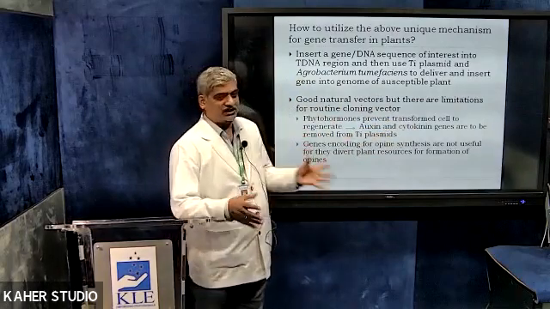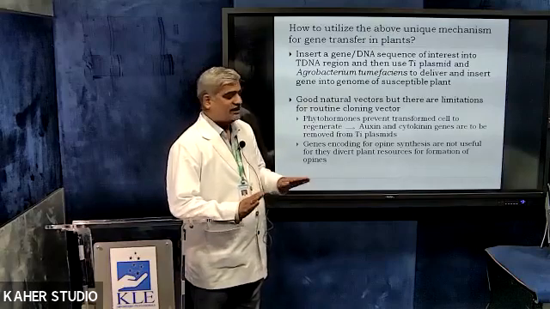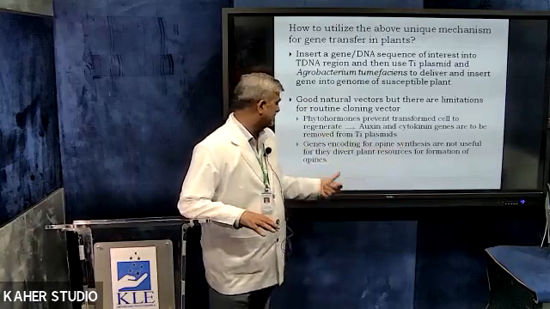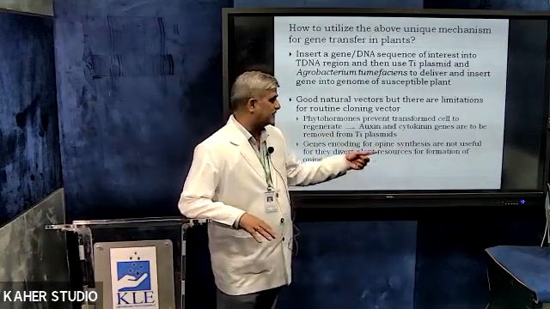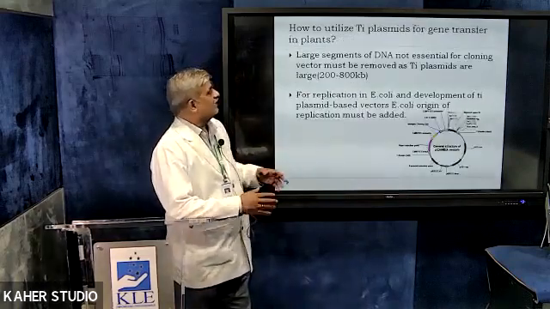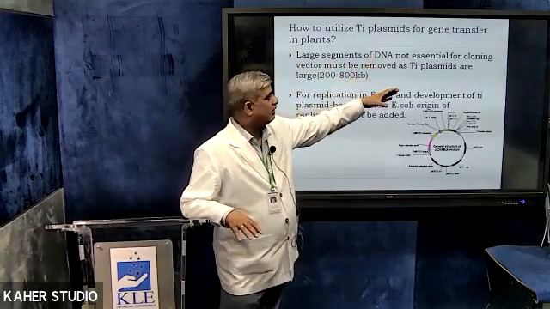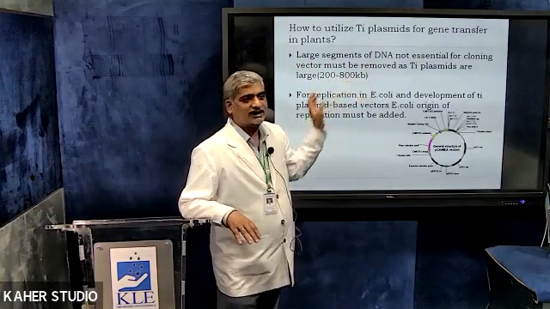Genes not necessary for transformation are removed, and genes coding for opine synthesis are not useful, as they divert the plant resources to the formation of opines. So both sets of genes are removed, and larger segments of DNA which are not essential for the cloning vector must be removed from the Ti plasmid.